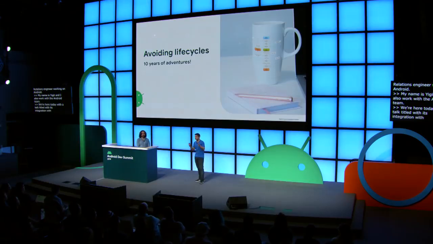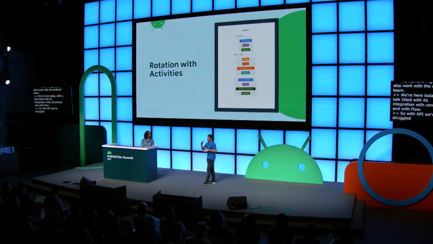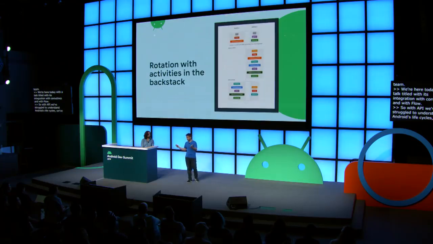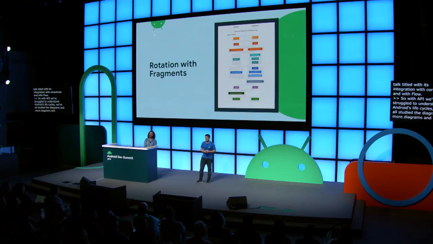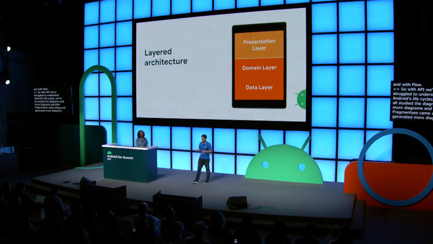Since the first API, we've struggled to understand Android's lifecycles. We've all studied the diagrams and more diagrams, and then fragments came along and generated more diagrams. So we Android developers tried to isolate ourselves from having to deal with this problem.